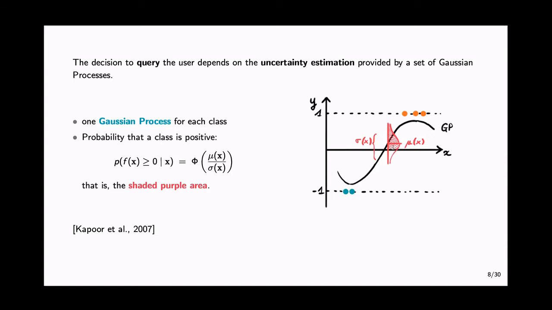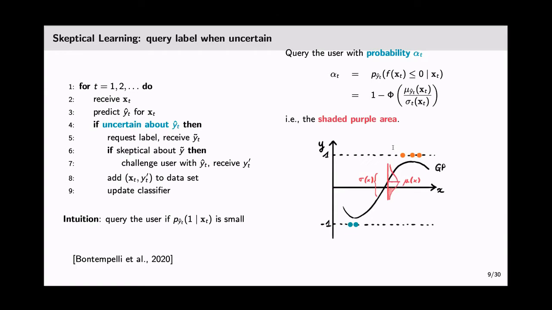Using these properties, we can decide to query the user in order to get a label when the machine is uncertain. The idea is the following. We query the user if the probability that the instance belongs to the predicted class is small, so the machine is very uncertain.